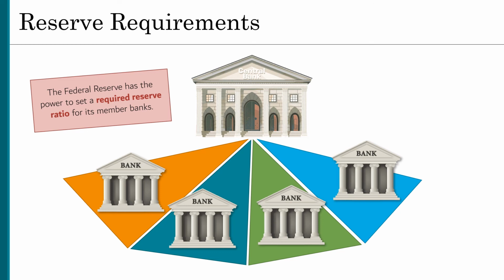When the Federal Reserve raises the required reserve ratio, they shrink the money multiplier and therefore shrink the money supply. Likewise, when the Fed lowers the required reserve ratio, they magnify the money multiplier and increase the money supply.